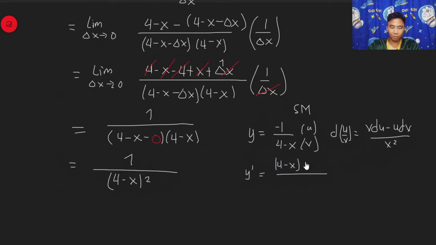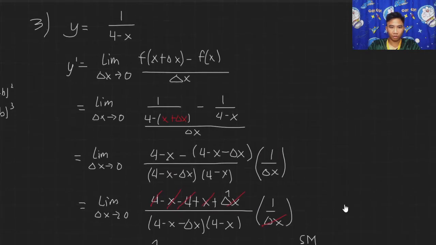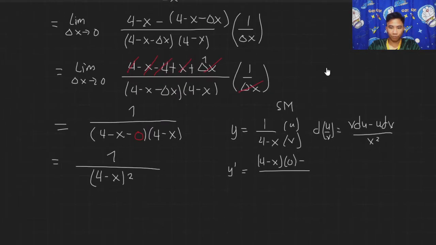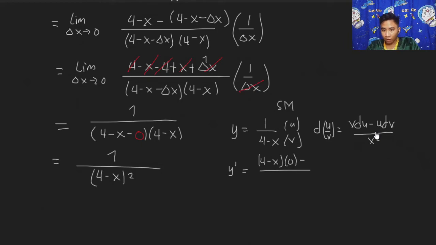the derivative of u, which is the derivative of 1 is 0, minus, positive pala ito. Sorry. Copy the u, which is 1 all over 4 minus x, minus 1, multiply to the derivative of v, which is negative 1, all over v squared, or 4 minus x, the quantity squared.